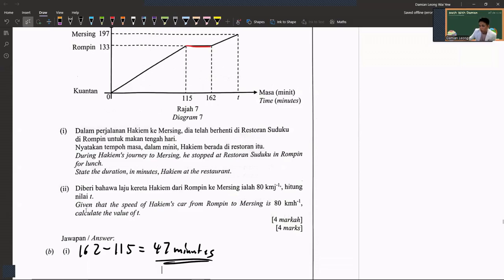Then B2. Given the speed of Hakim's car from Rompin to Mersing is 80 km per hour. Rompin to Mersing is this part of the journey.